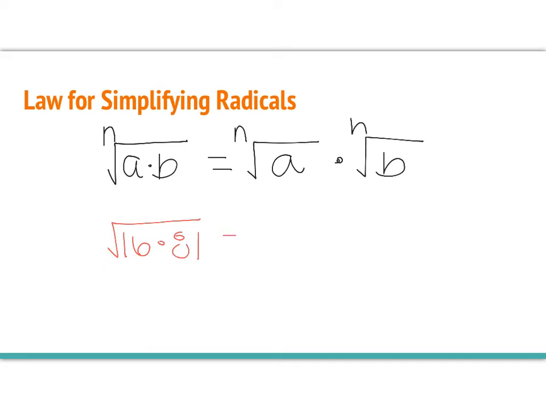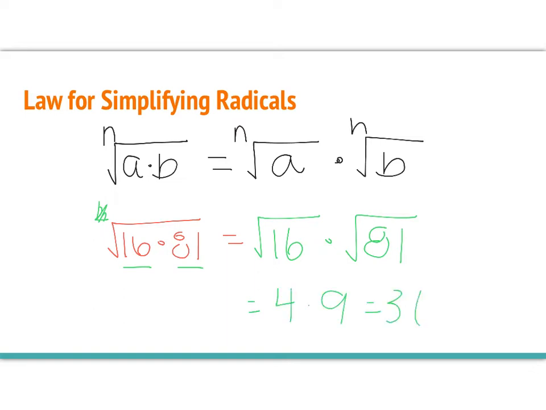Why not? Remember, this is a 2 here. We just never write the 2. So n in this case was 2, a is 16, b is 81. This will be equal to the square root of 16 times the square root of 81. All right, which would be 4 times 9, which is 36.